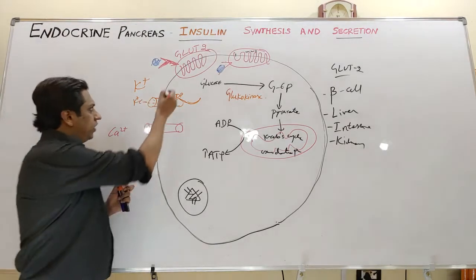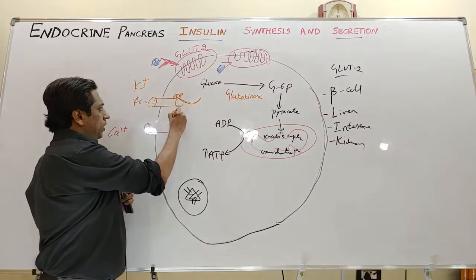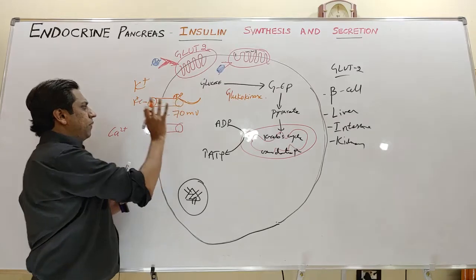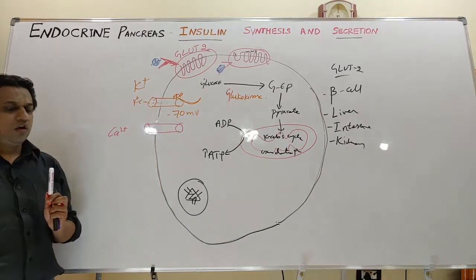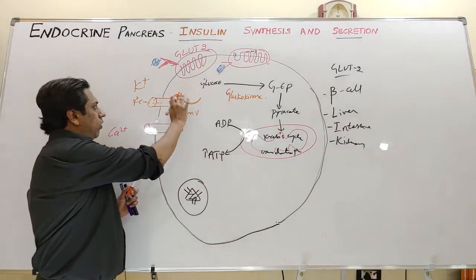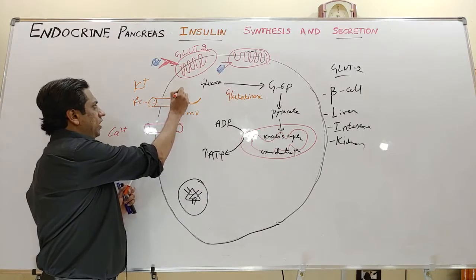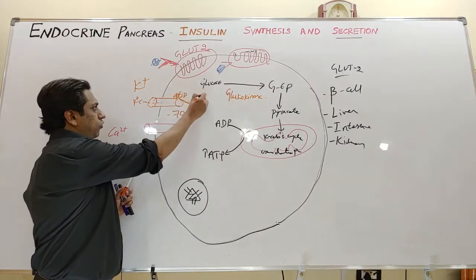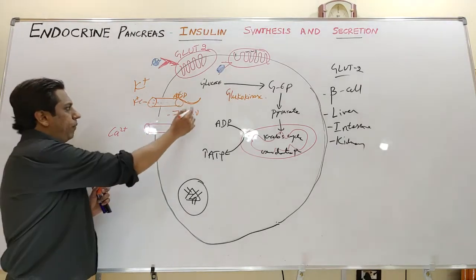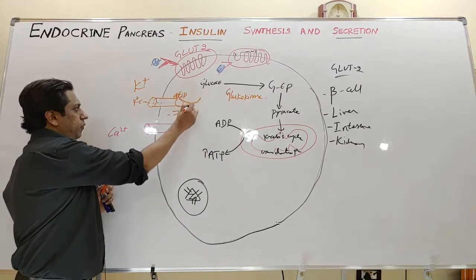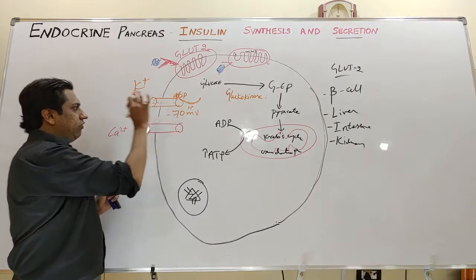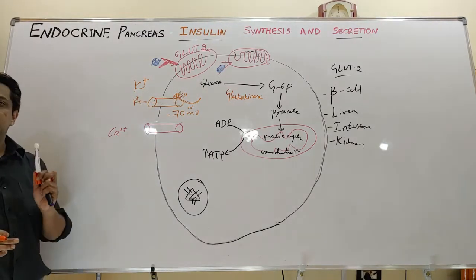Okay, and the resting potential of this cell membrane, just arbitrarily, remember, may be suppose minus 70 millivolt. Okay, due to the presence of this ADP, it will keep these potassium channels open, and the potassium from intracellularly will go outside, and the negativity, that is minus 70 millivolt, will remain.